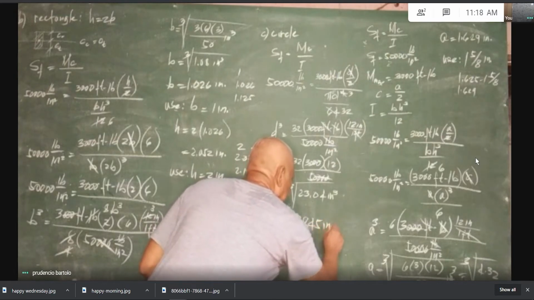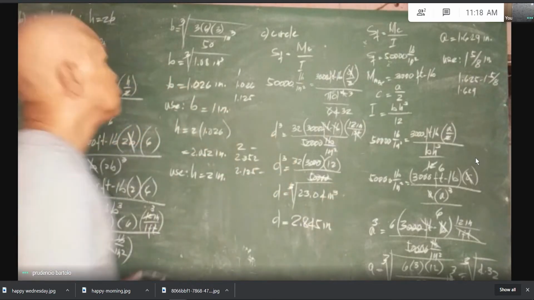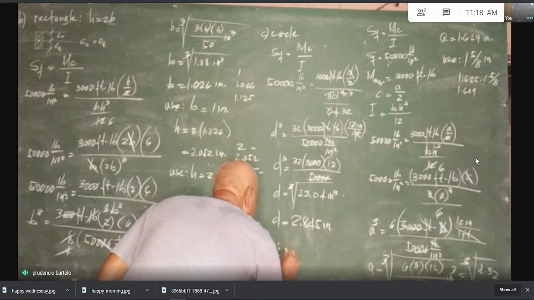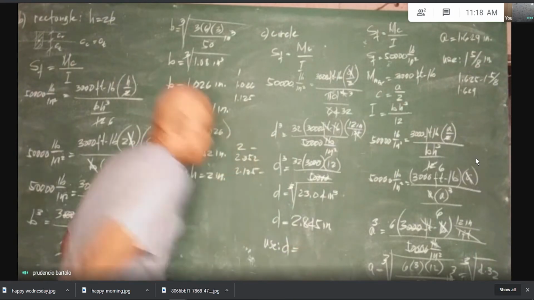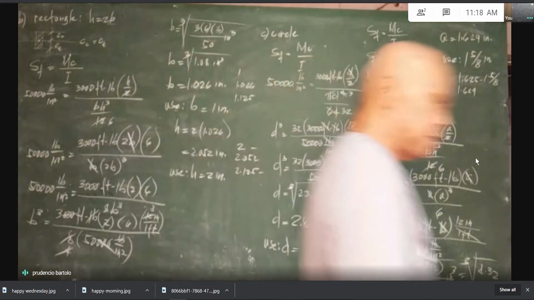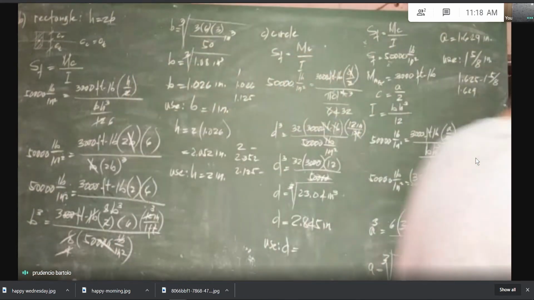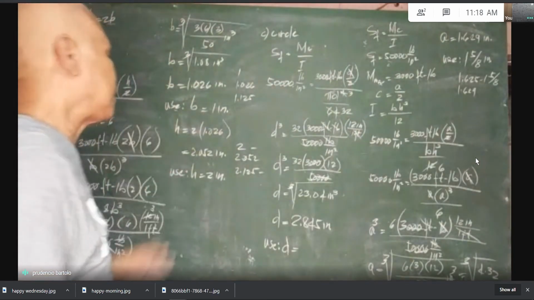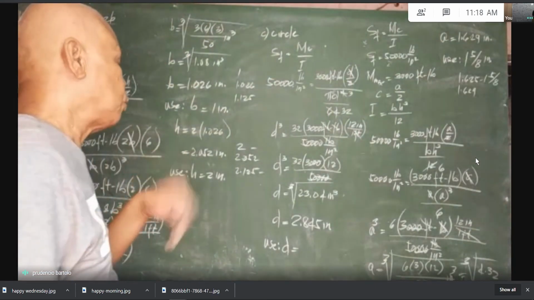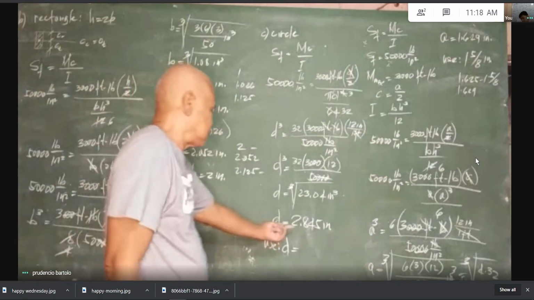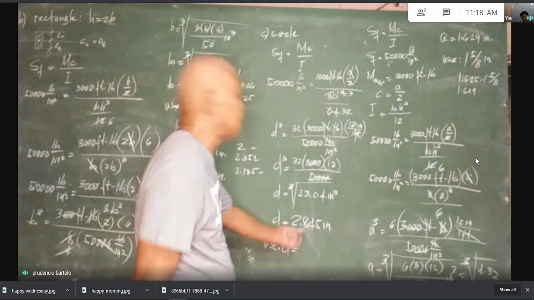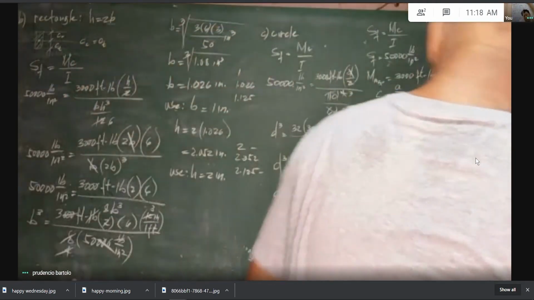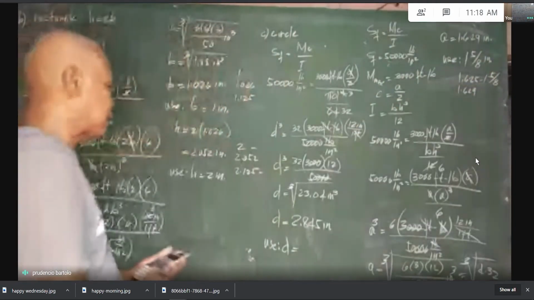Or D now is equal to 2.845. So we use D equal to 2.845. Again, that is still within the 7/8 to 3 range. We check it.